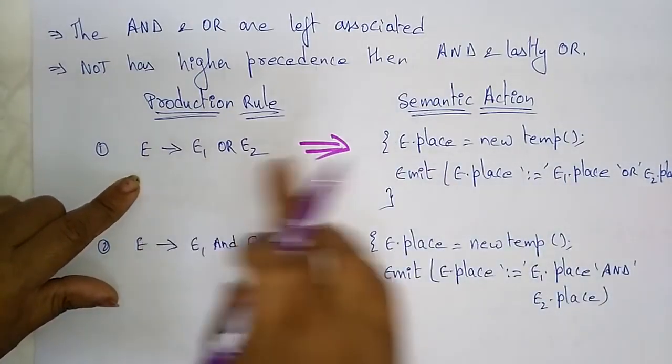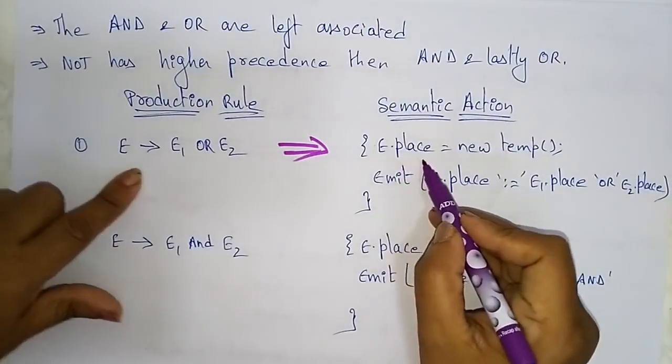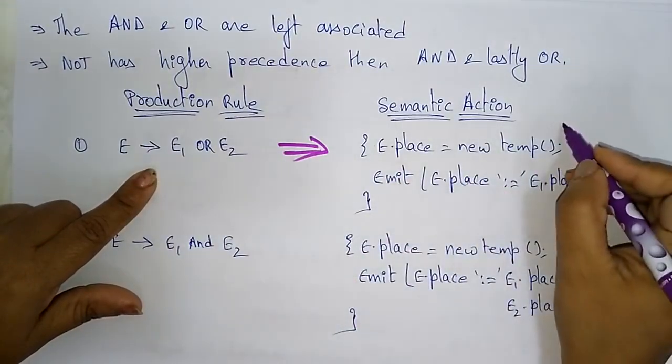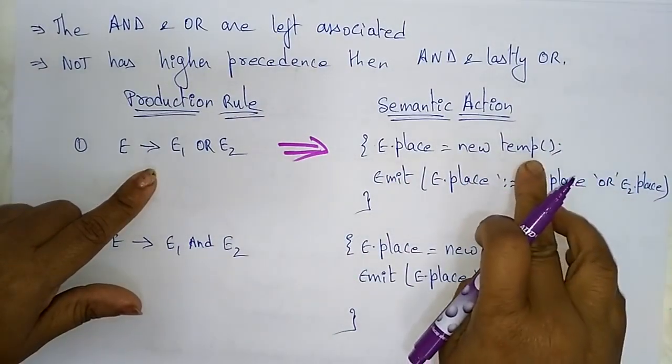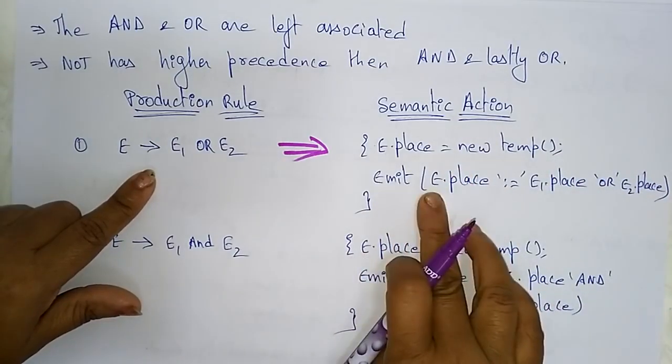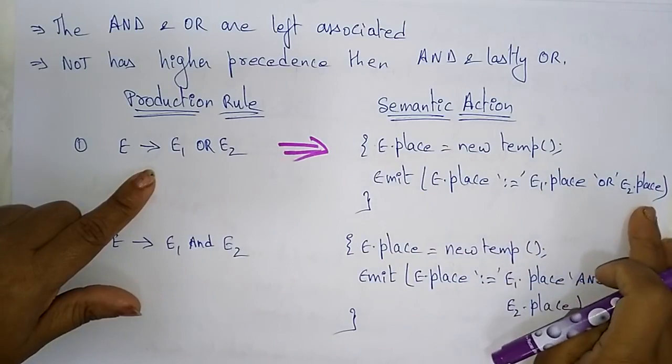So for this production, the action is E dot place is equal to new temp. So you have to assign a temporary variable. For that temporary variable you just generate the 3 address code, that is E1 dot place or E2 dot place.